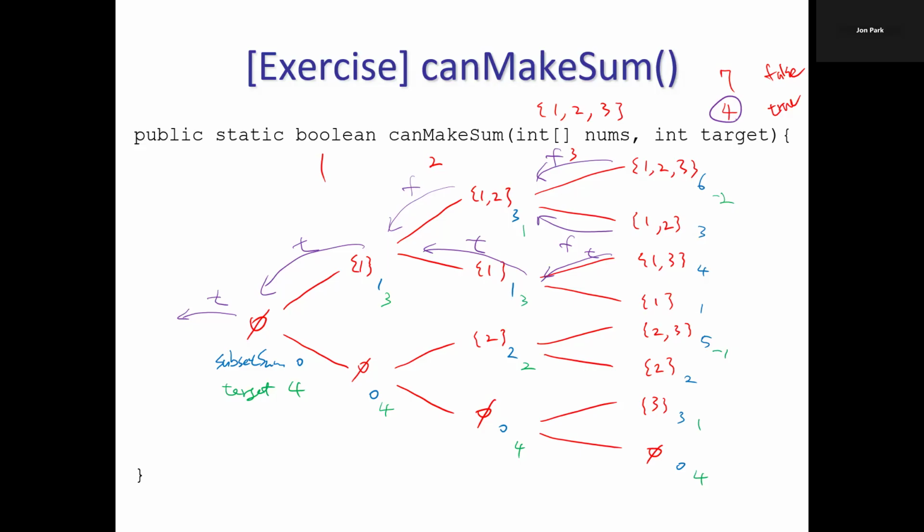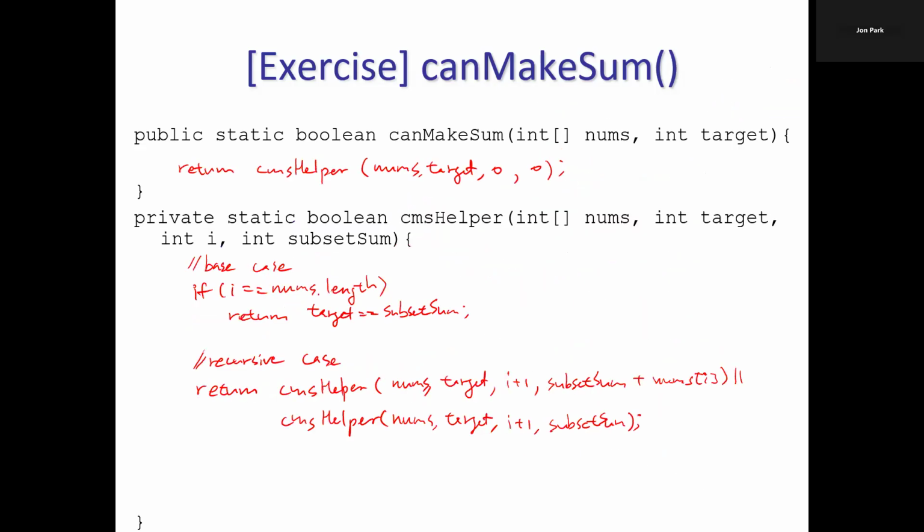Yeah, so basically the idea is instead of having target fixed and updating subset sum and checking if they're the same at the end, we're not going to have subset sum. And then every time we include an element, we subtract that from target.